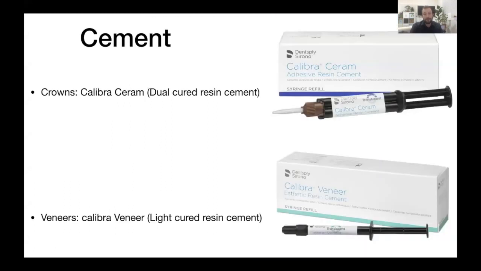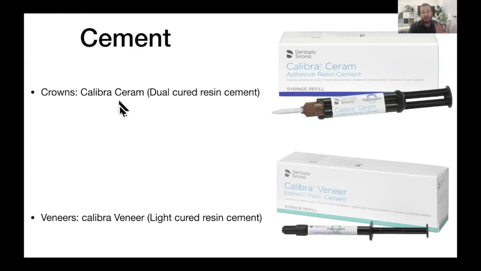So choosing the cement, there's two kinds of cases. You have crowns and you have veneers. For veneers, you want to use the light cured resin cement. And for the crowns, you want to be able to double cure the cement because your light curing might not reach beyond the crown surface.